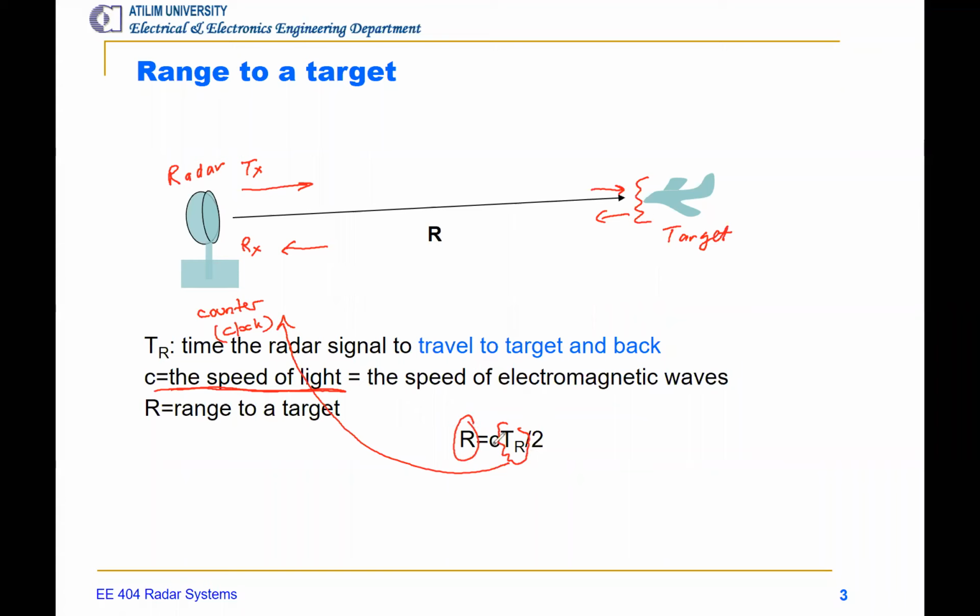Simply speed of light times the time elapsed divided by 2. Why do we use 2 here? Because we have two-way traveling: one way to the target, and then one way back to the radar. So 2R equals speed of light times the time elapsed. Okay, from here we can determine range. Any question?